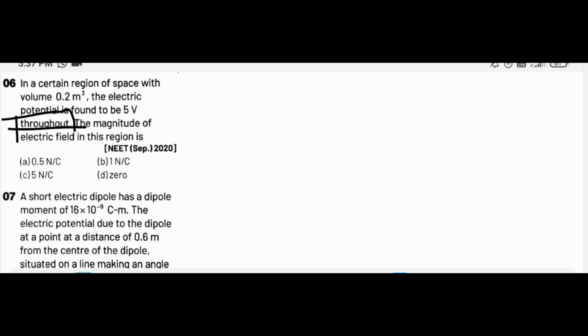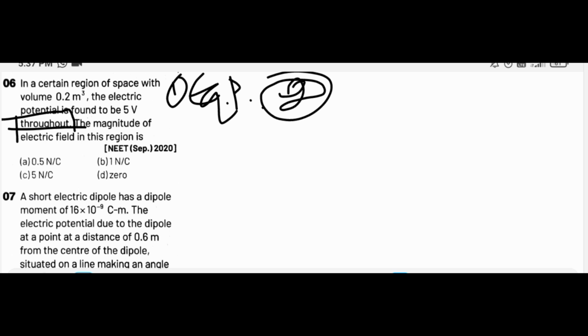There are terms like equipotential surface, they will use equipotential surface, and again the potential is the same throughout as in this question. These types of words are a great hint in solving this question. They are asking for the magnitude of the electric field in this region.